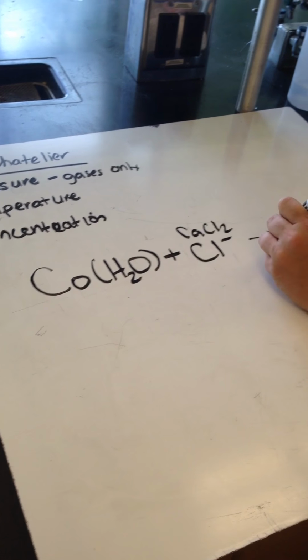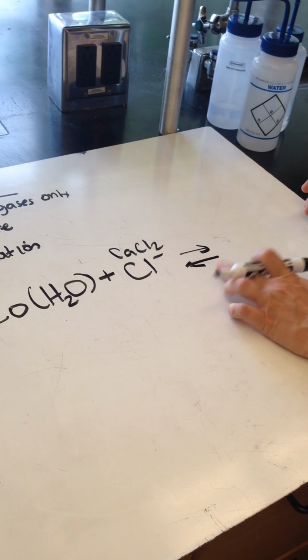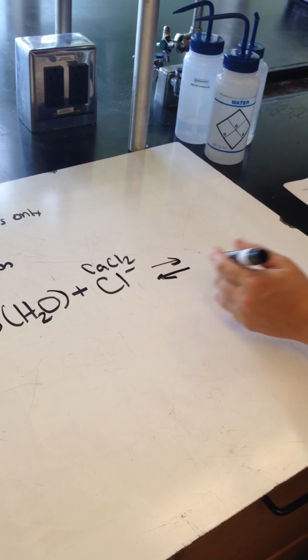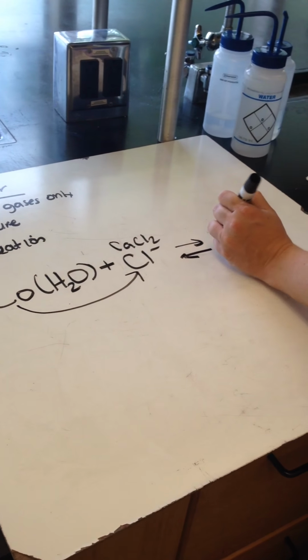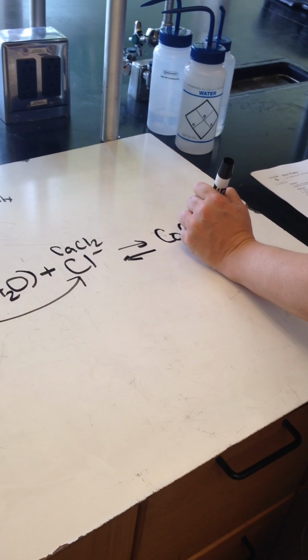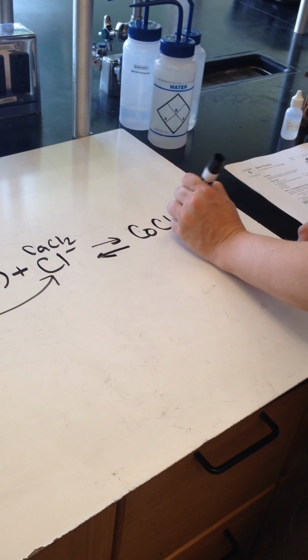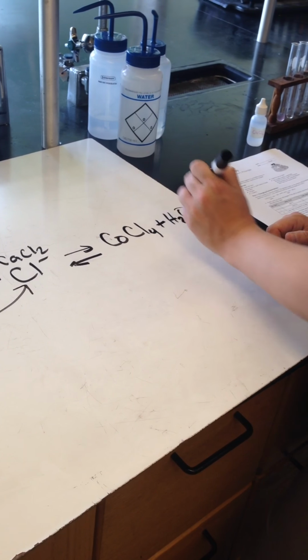This is a reversible reaction, so we're going to draw those double arrows. And then it's going to be a single replacement. So basically, cobalt is going to bond with the chloride, and then we get some water as a product.